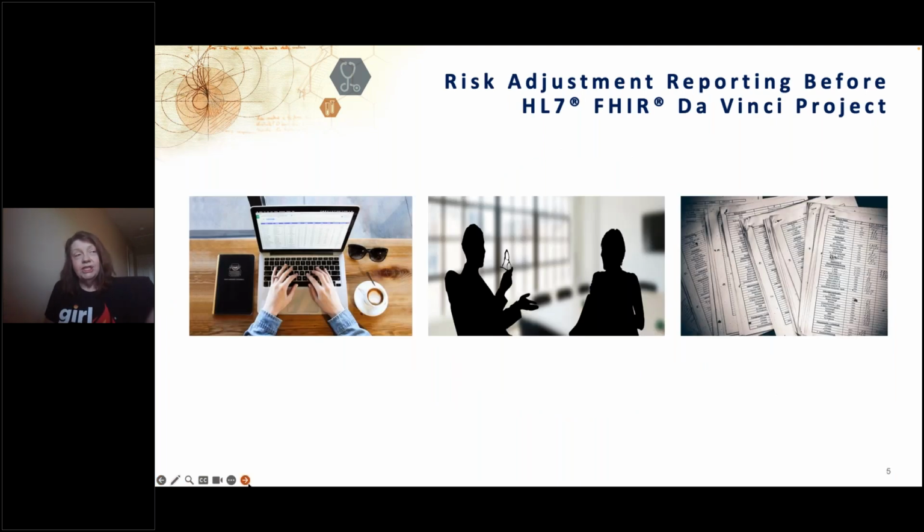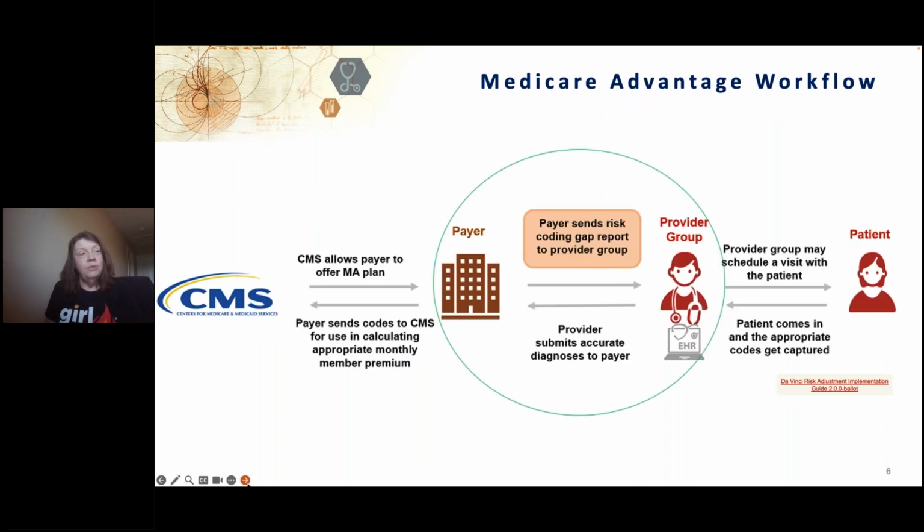So then when Da Vinci took this on, next slide, Nidhi, this was the workflow we looked at. We totally understand CMS is not the only group that uses risk adjustment for revenue, but this was a predominant player and a workflow that we could model and everyone that was working on the group could understand.